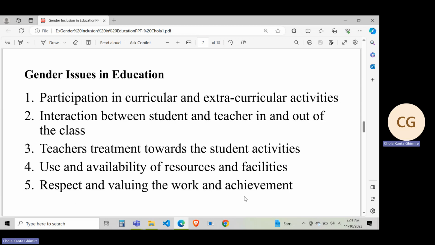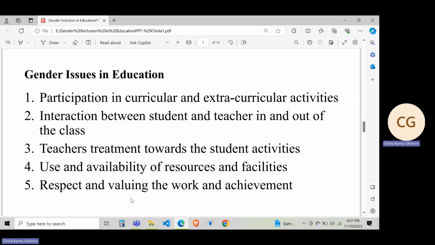Respect and valuing the work and achievement. The next gender inclusion issue is respect and valuing the work and achievement.